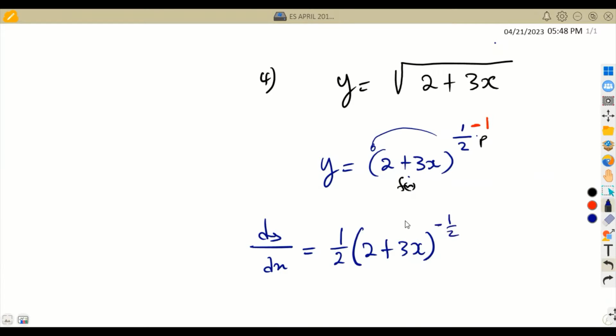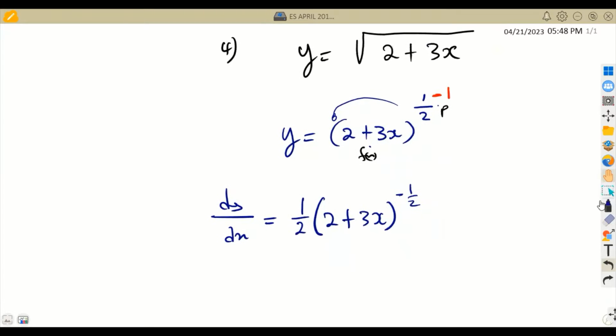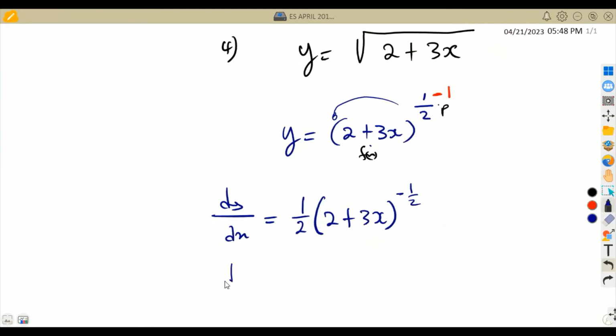So from the derivative that we are having, we can simplify further because this whole part is raised to a negative exponent. To remove the negative, that is going to be 1 over the bracket that you're given. So dy/dx is going to be a half times 1 over 2 plus 3x, everything to the exponent of a positive half.